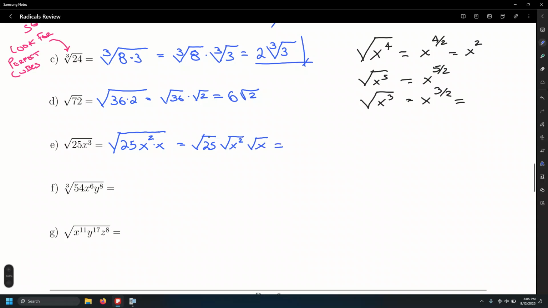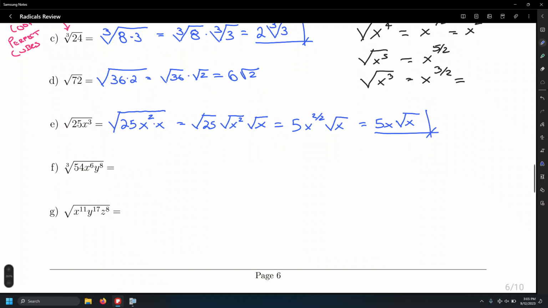The square root of 25 is 5, the square root of x squared is x to the 2 divided by 2, which is x, and the square root of x is simply the square root of x. That's going to be 5x square root of x after simplifying all the perfect squares. This one might be a little weird to do, so let's move on to the next example, letter F.